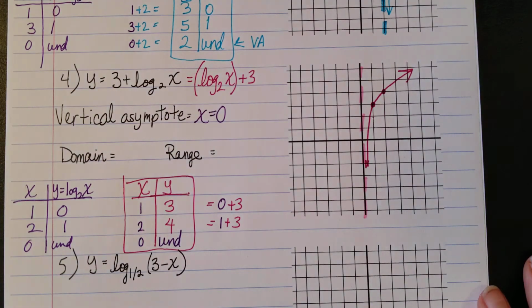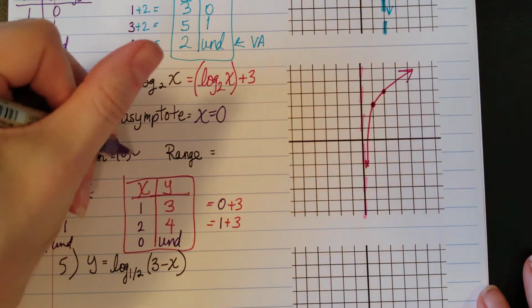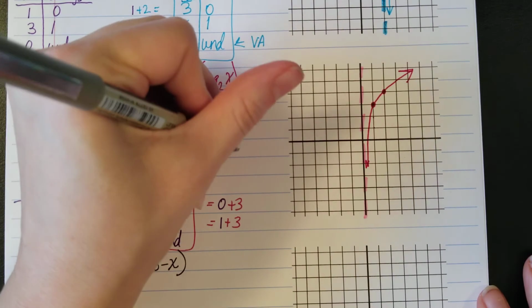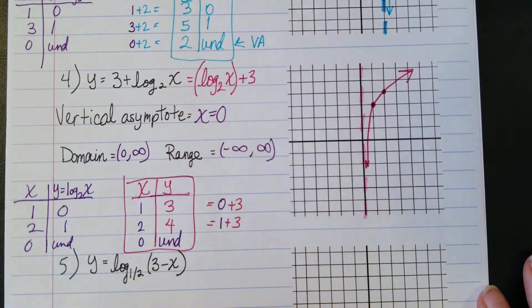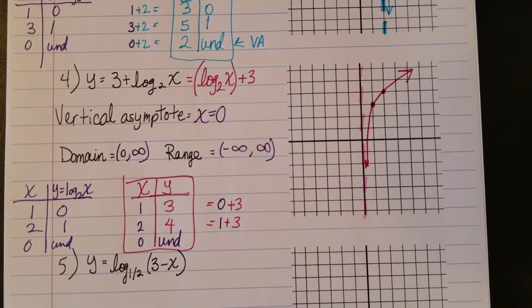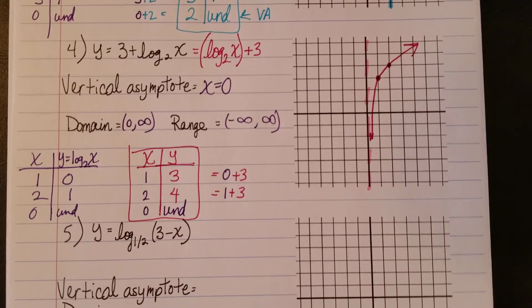So we just shifted it up. The domain is still from 0 to infinity. The range, all real numbers.